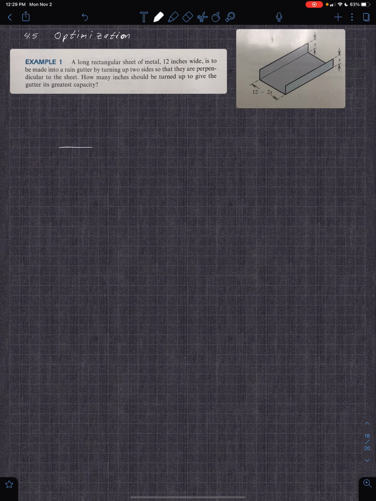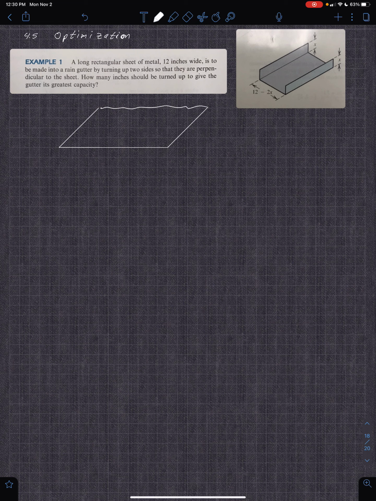You have a 12-inch piece of, like, a sheet of metal, right? So this would continue in this direction. So you have this sheet of metal like this, and it keeps on going. It's kind of chopped off there, and then you're going to bend it up.